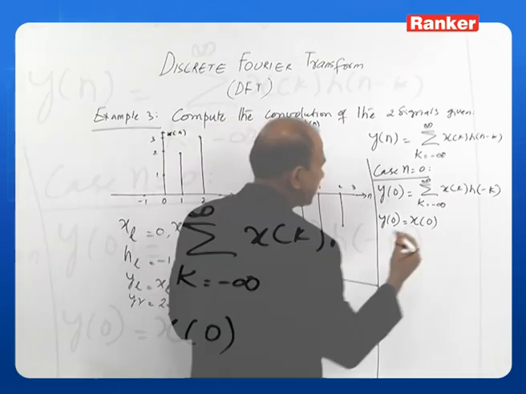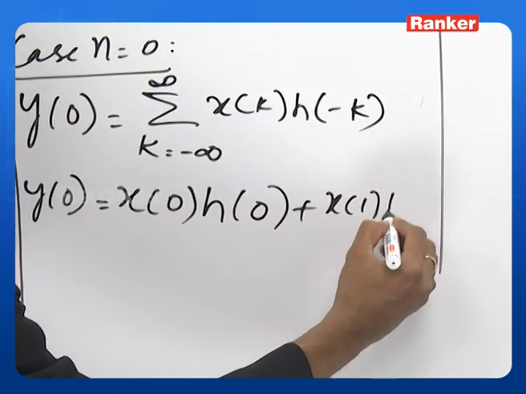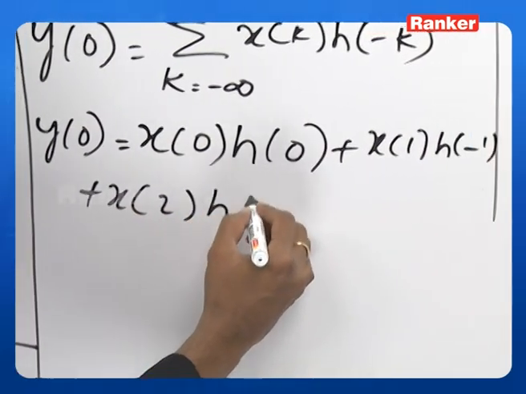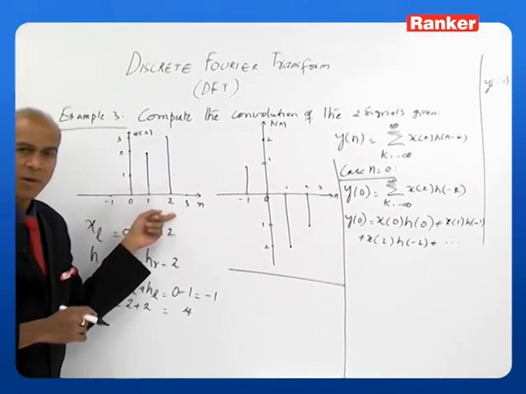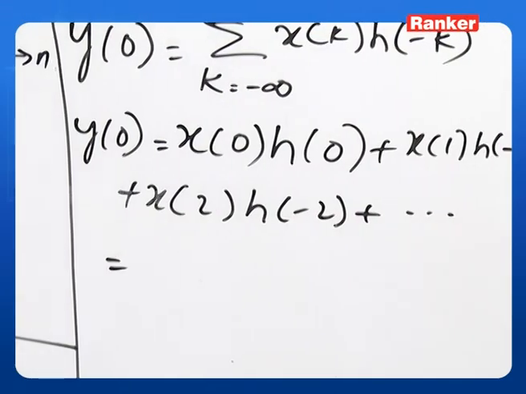So, how much is this? This is x of 0 h of 0 plus x of 1 h of minus 1 plus x of 2 h of minus 2 plus so on. I am stopping because x of 2 is the final value. What is x of 0 for us?